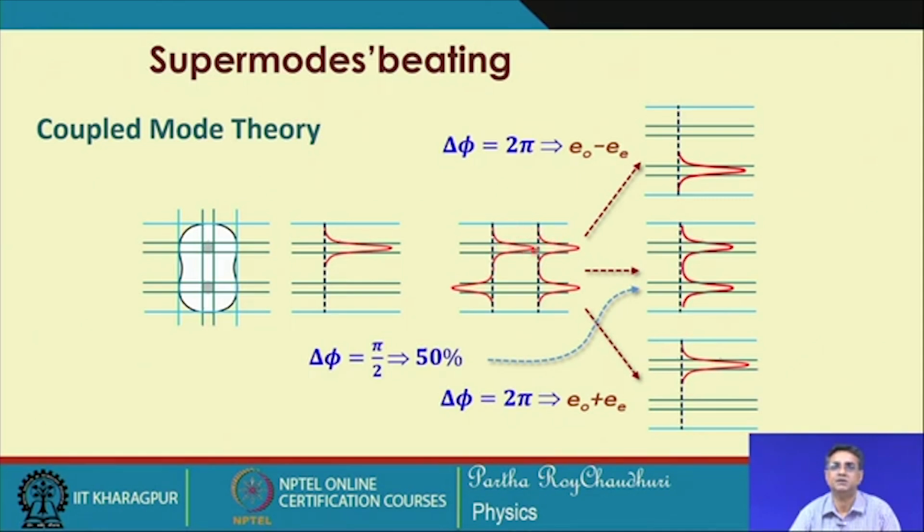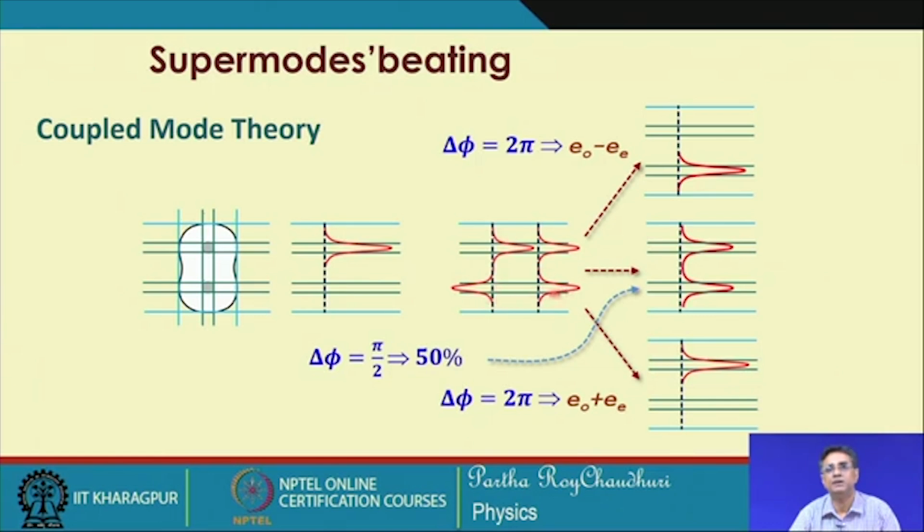If the phase difference is 0, then we can add these two and these two will be subtracted. So, it will result in only one lobe of the mode profile, because these two will be added and these two will be subtracted. So, you get the light confined into one of the waveguides, which can be thought of as the input light. So, this input light now gets divided into two modes of the complete structure, the symmetric mode and the antisymmetric mode, that is the first order and the fundamental mode.